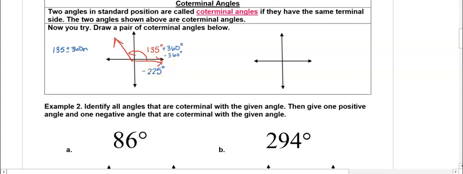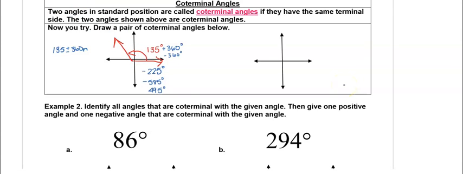I could take away another 360 degrees and have negative 585 degrees by subtracting 360 again. Or I could take 135 and add that 360, and that would get me positive 495 degrees. All of these end in the exact same spot, right here at 135 degrees, and that's going to get us the exact same measure all the way around.